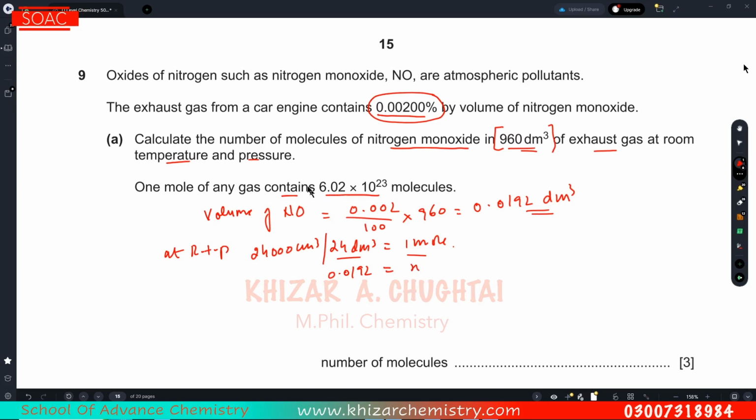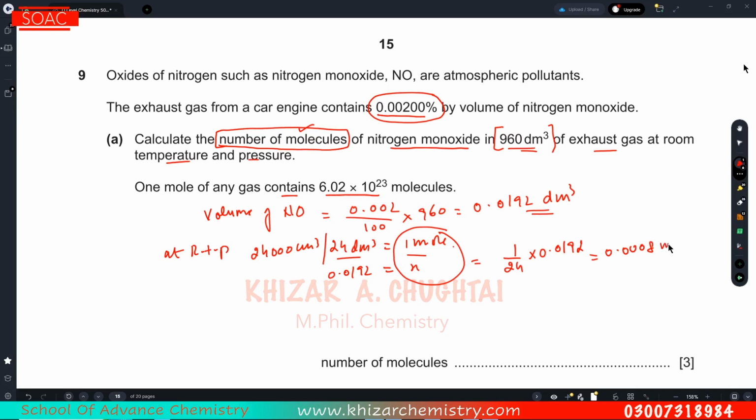If we want to find the number of molecules, we will have to find the moles first. Whenever you are asked to find the number of molecules, atoms, or ions, you will have to find the moles first. So x will be equal to 1 over 24 multiplied by 0.0192, and the overall answer is 0.0008.